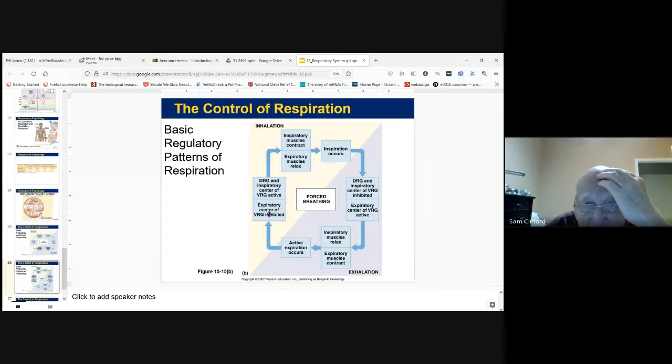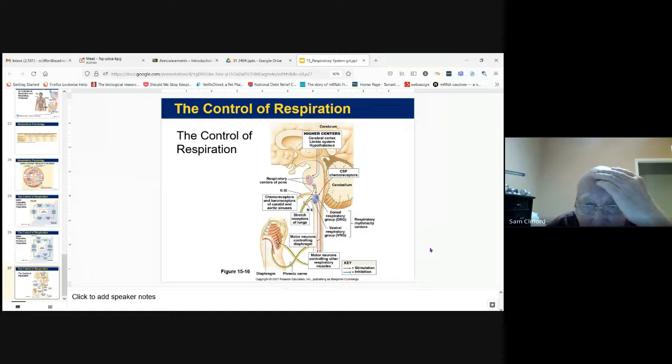So the point of this is that there are centers in the medulla oblongata where you have these different groups that stimulate inspiration and then have relaxation of the inspiratory muscles, and then the expiratory muscles contract to allow for exhalation. Where are these centers located?